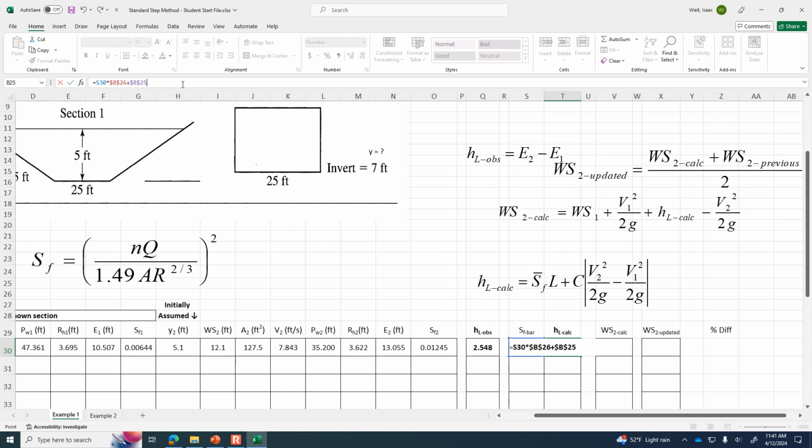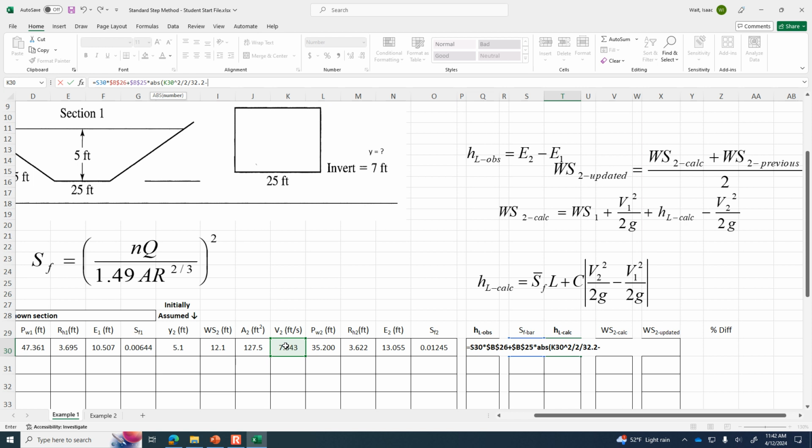And now I need to multiply it by the absolute value, ABS, of the velocity head at 2 minus the velocity head at 1. So I'm going to say, here's the velocity head at 2. It's V squared divided by 2 divided by 32.2. Okay, so that gives me the velocity head at location 2.